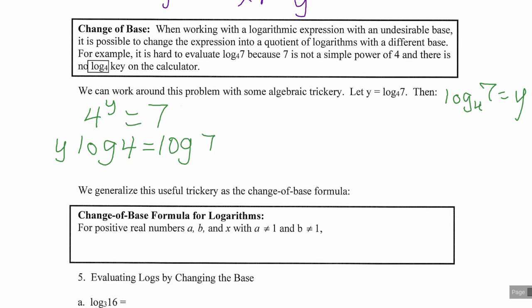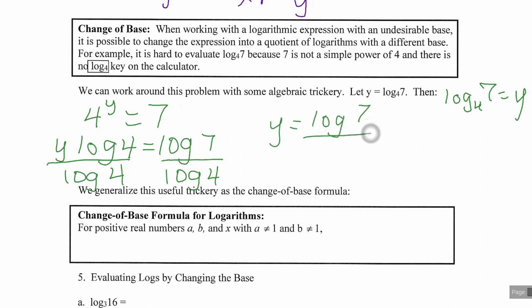From there, if I'm trying to solve for y, then my next step is going to be to divide by that log of 4. So we know that y is equal to the log of 7 over log of 4. And since we're writing this without a base, it's really just base 10.